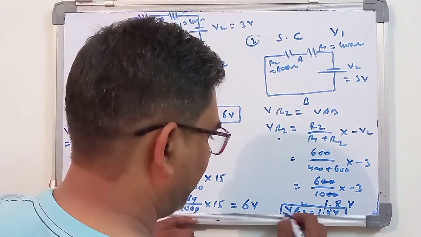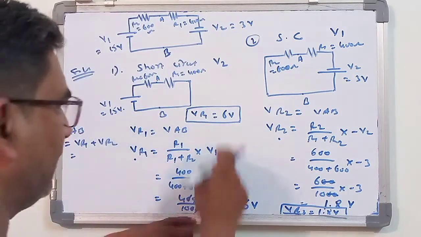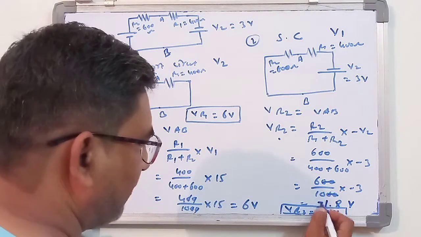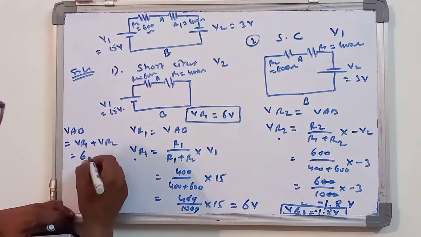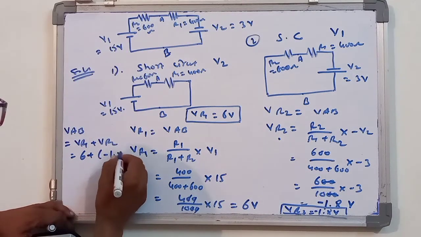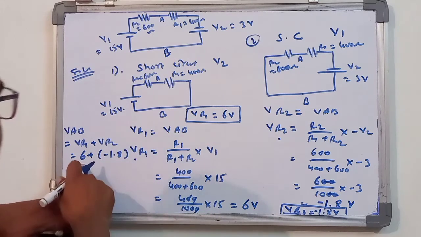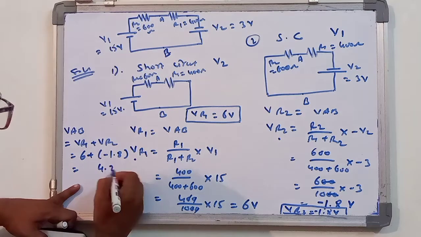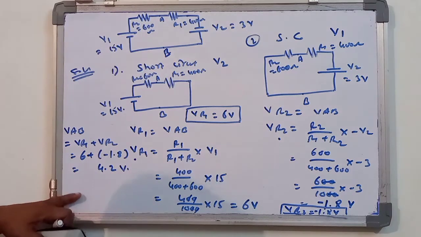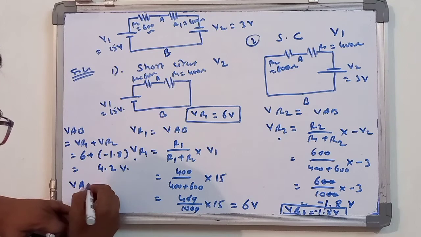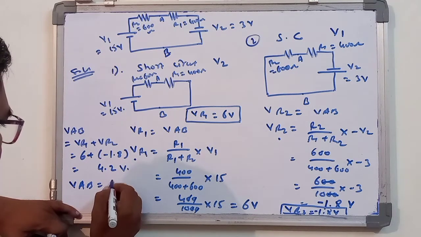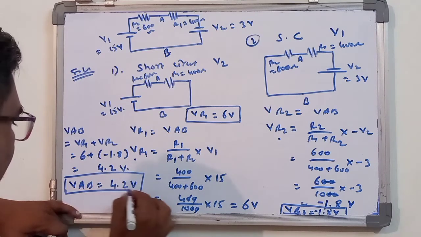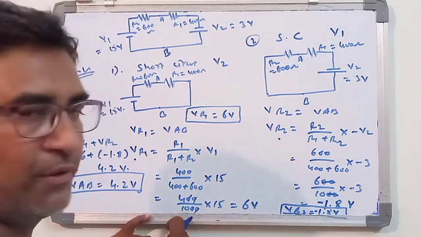You make that particular value in a box like this. Then 6 plus minus 1.8 is equal to 6 minus 1.8, you will be getting 4.2 volt. Okay, at the end VAB is equal to 4.2 volt. In this way the problem you have to solve.